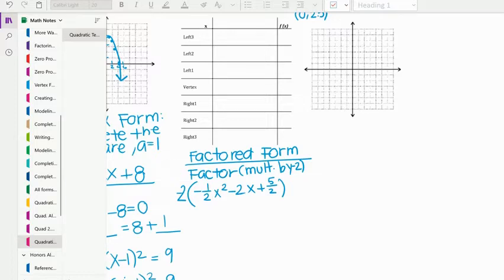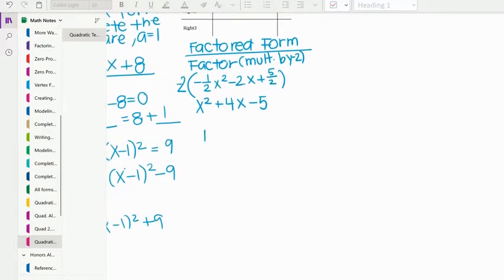So I want to get rid of that negative a value, and I want to make it a nice number. So let's multiply everything by -2. Then you get x squared, a positive 4x, and then a -5. Okay, that looks much nicer. Then we factor. So going back to factoring, remember you take your first term and put it in the first box. We already have our c value.